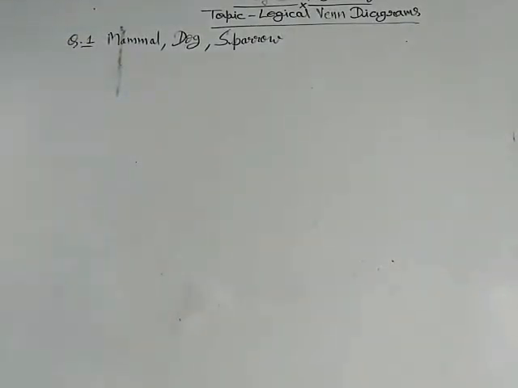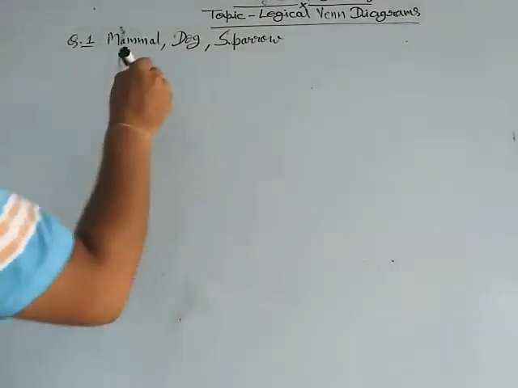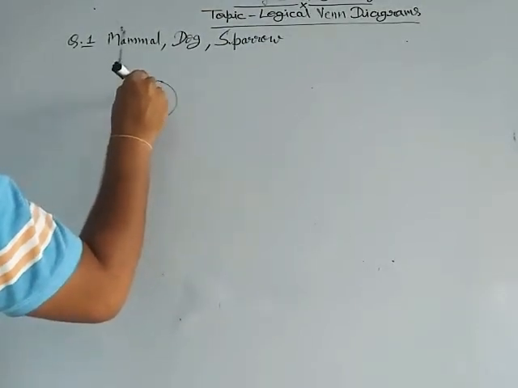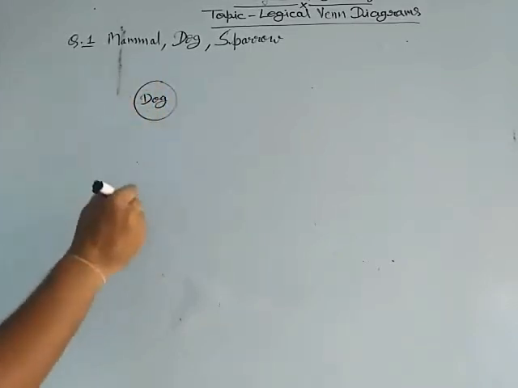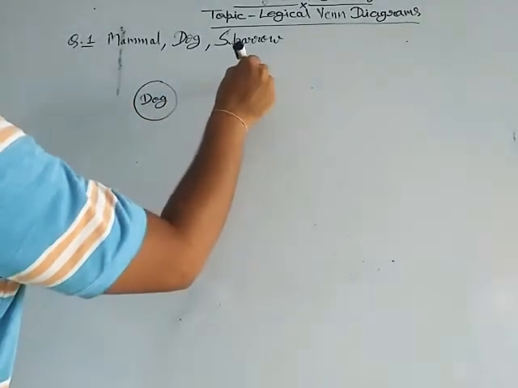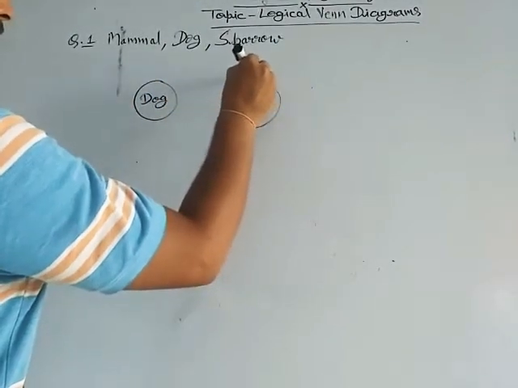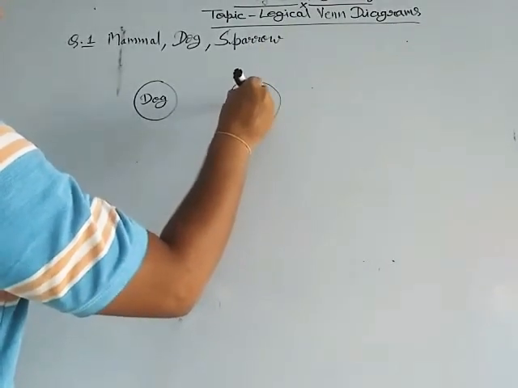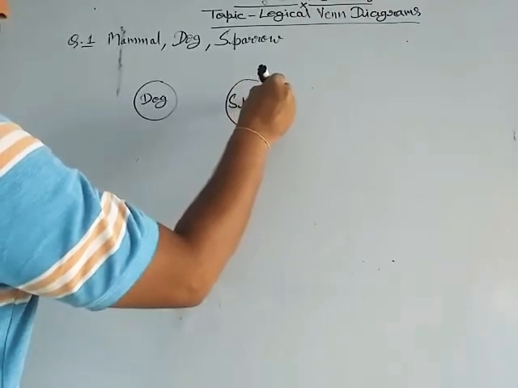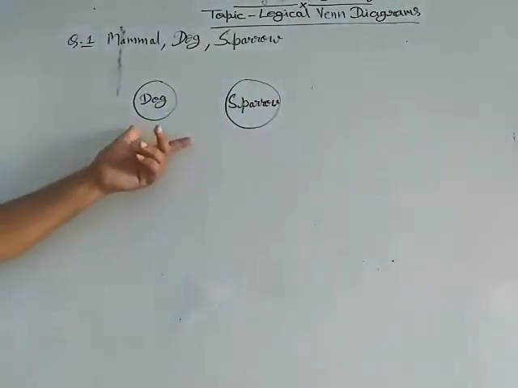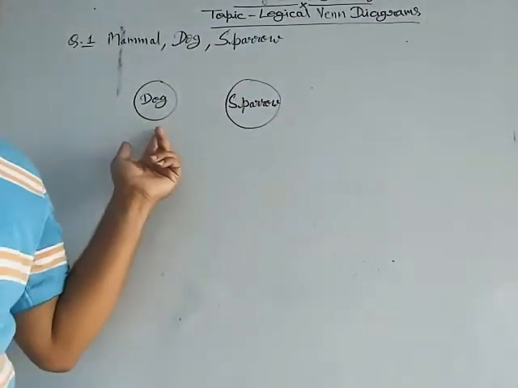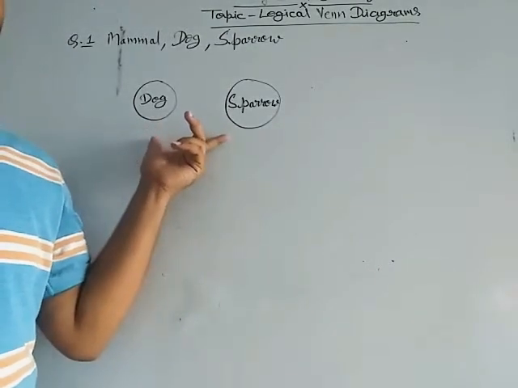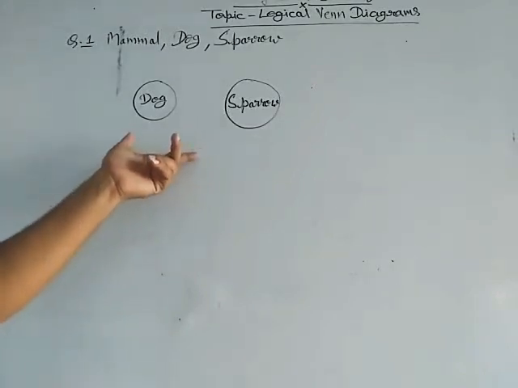Here is the circle for dog and here is the circle for sparrow. Both are different things. Dog and sparrow are different and not related to each other.